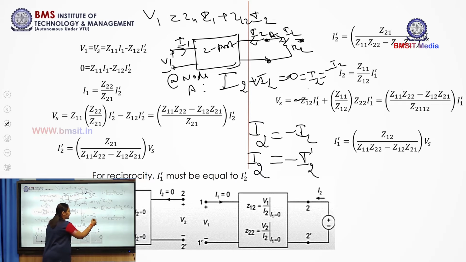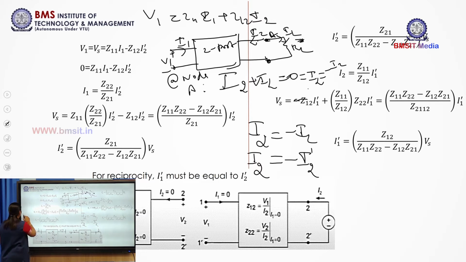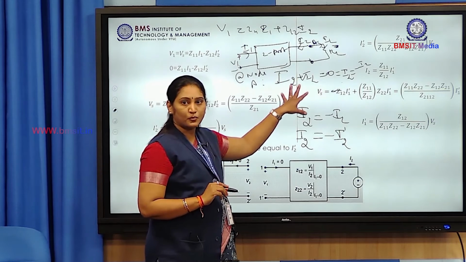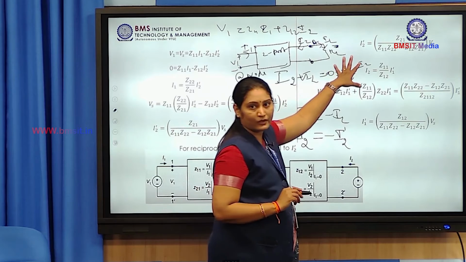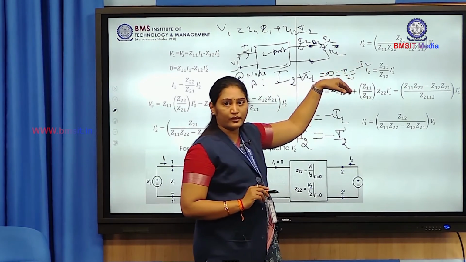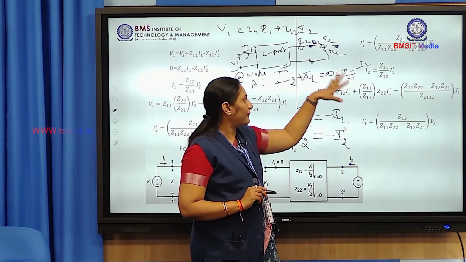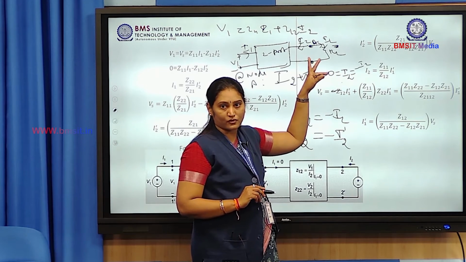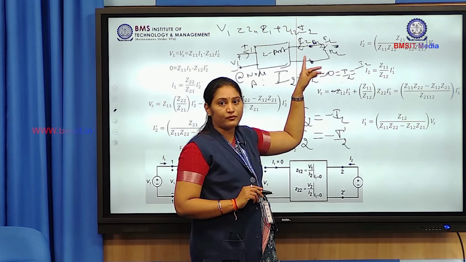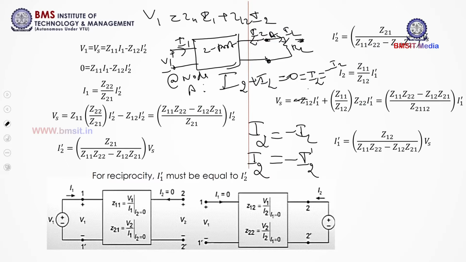So I denote it as I2 prime. This you have to remember. We have considered the two-port network and connected a load. The current flowing through the load is I2 dash, I2 prime, and the minus sign refers to the direction of the flow of current with respect to I2.